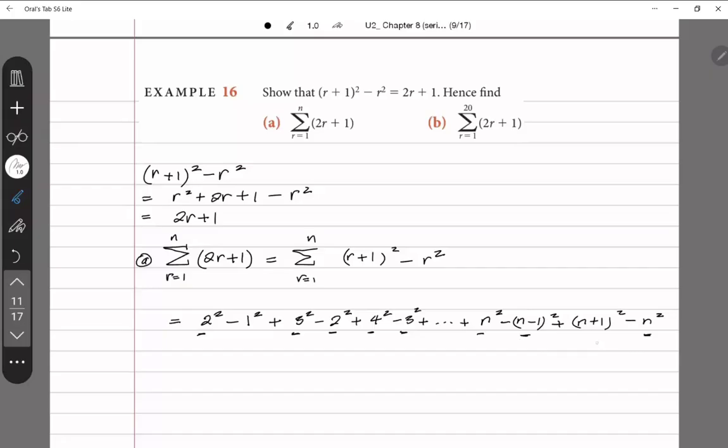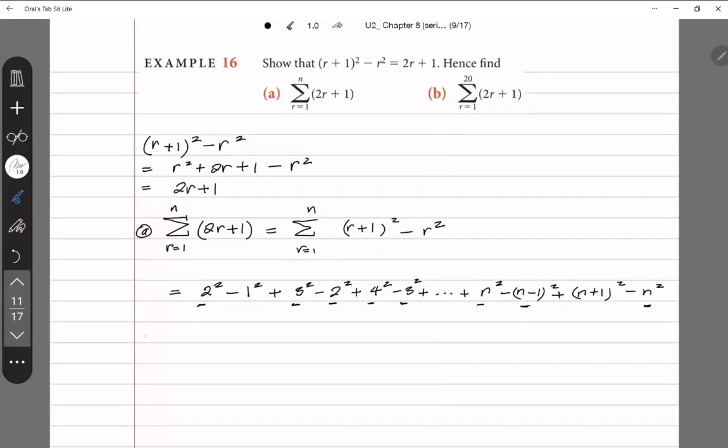So I'm assuming that n plus 1 squared would not disappear, because when a term disappears, it's cancelled by a term before it, and there's no term before this, so this is not going to disappear.